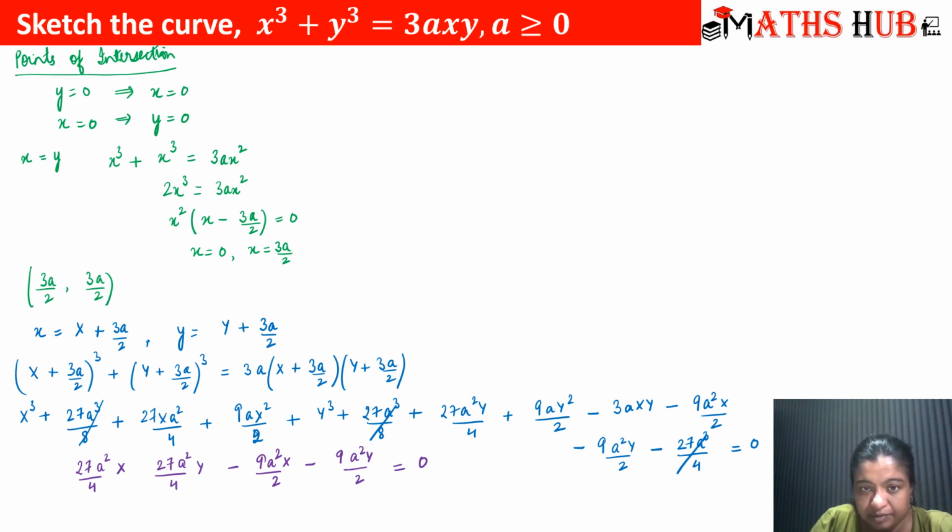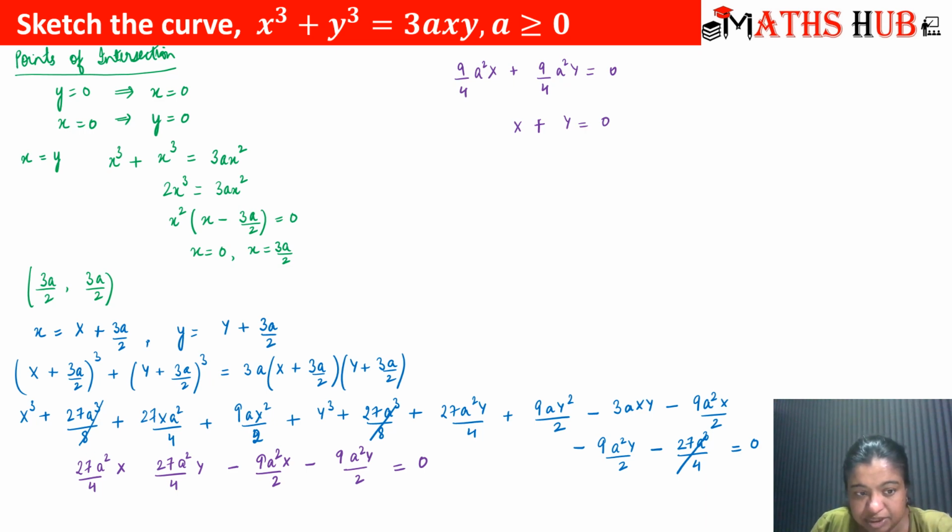So we get the equation 9 by 4 a square x plus 9 by 4 a square y is equal to 0. So if I multiply with 4 by 9 a square on both sides, we will get x plus y is equal to 0, right? So we get back the equation of the tangent.